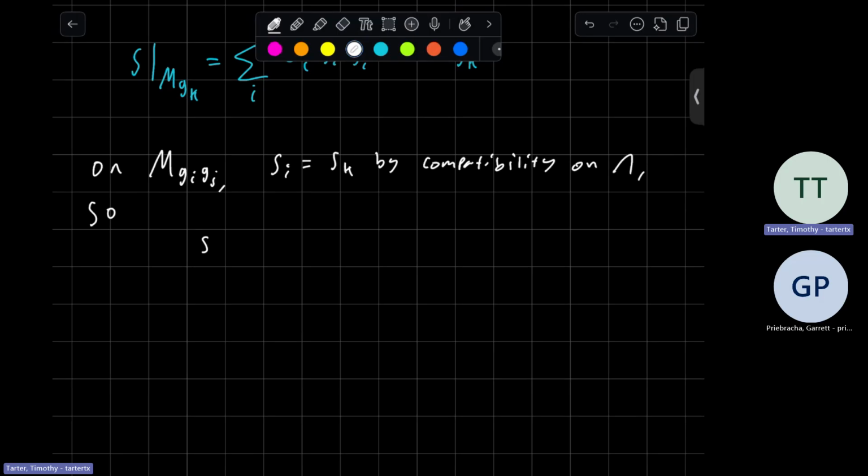So s is equal to the sum over i of c_i f_i f_k to the t minus 1.